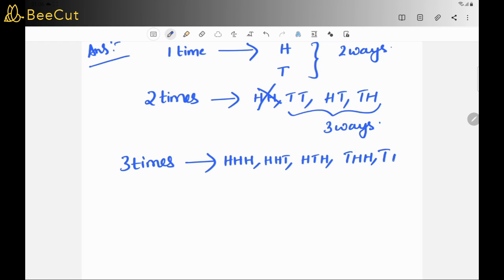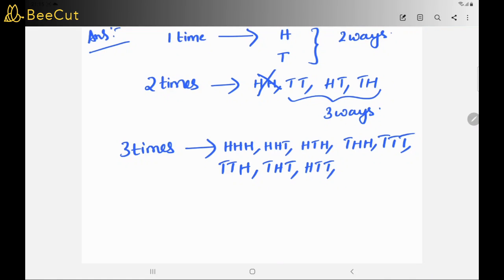I can get tail, tail, tail. Tail, tail, head. Tail, head, tail. Head followed by 2 tails.